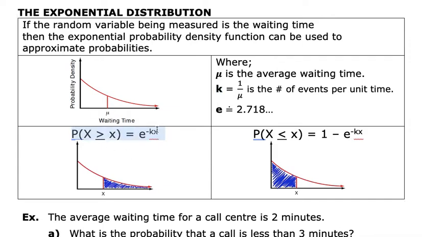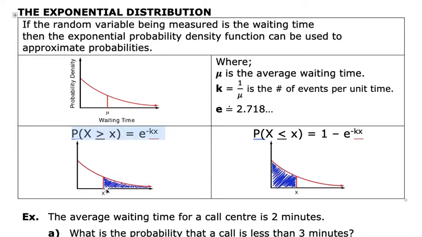Now, this is the parent definition of this formula: the probability x is greater than or equal to some value x. So it measures the area to the right of some value x underneath this curve. That'll tell us the probability of a specific time or longer.